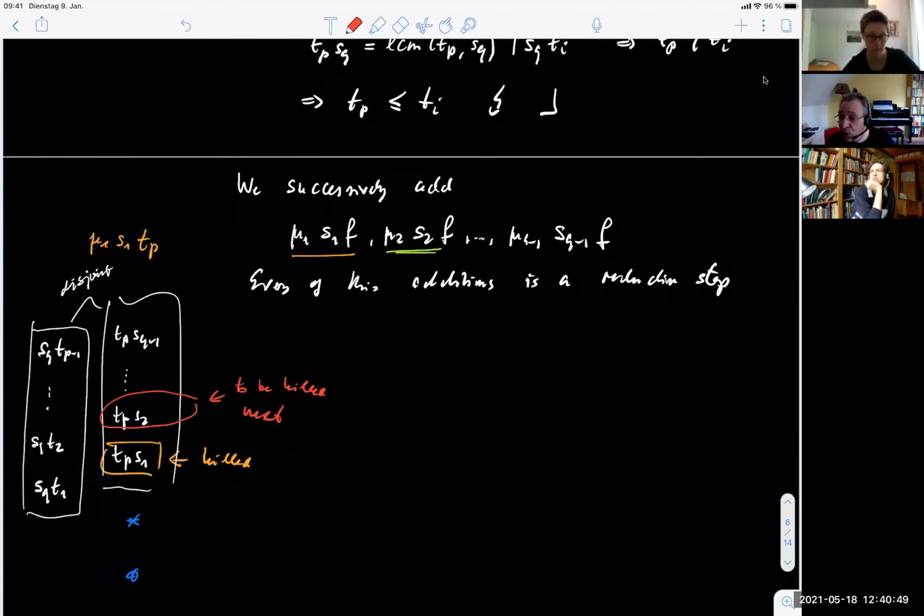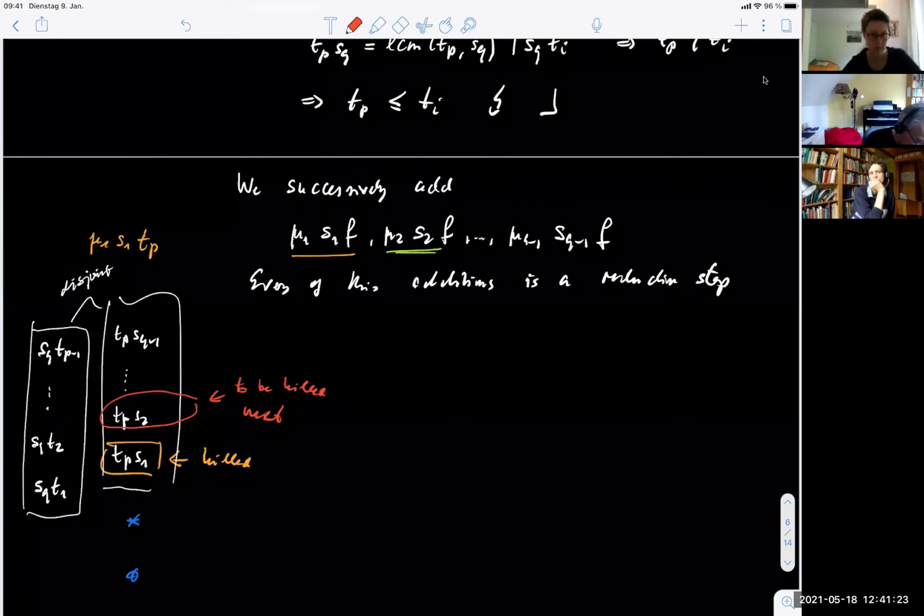I have to make sure this term is still there. Otherwise, I cannot kill it. But it will be there because you see, the red one is bigger than all the blue ones. And these on the left-hand side, I mean, they cannot interfere. The only way it could not be there is that this red one here would also appear somewhere here. But this is not the case because of the disjointness. That's all, okay?